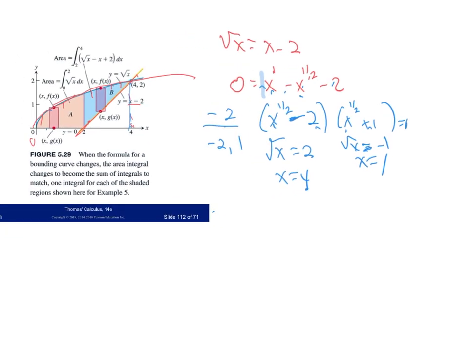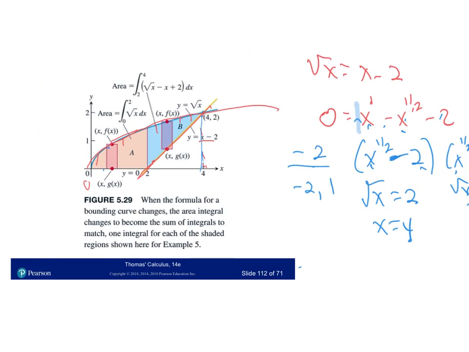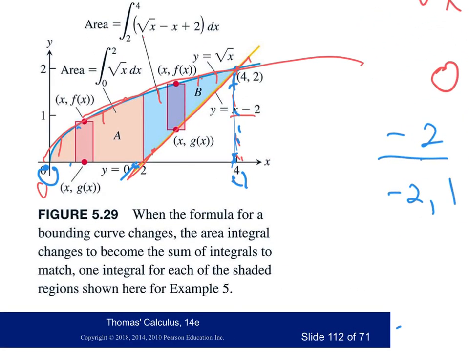Well, here's the deal. They do cross at x is 4, but I want to only go from 0 to 4 of the top function, and the bottom function is going from, if it was, let's see, a 2, right?